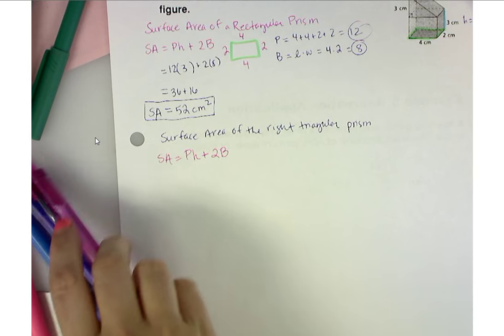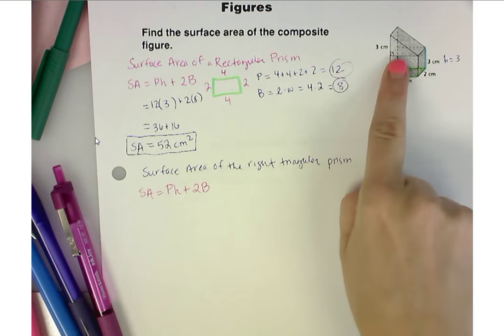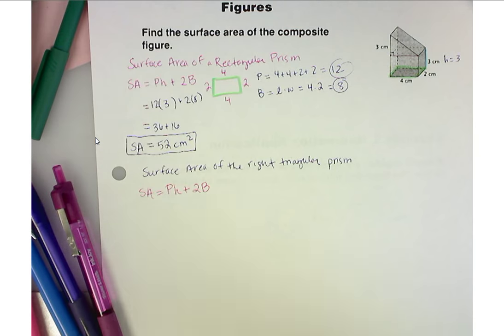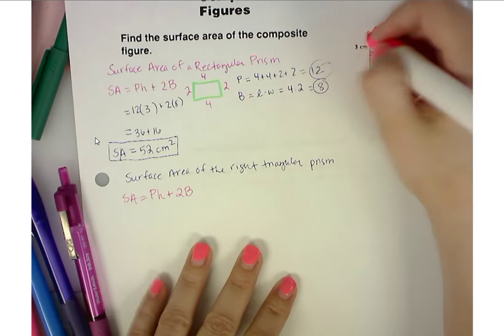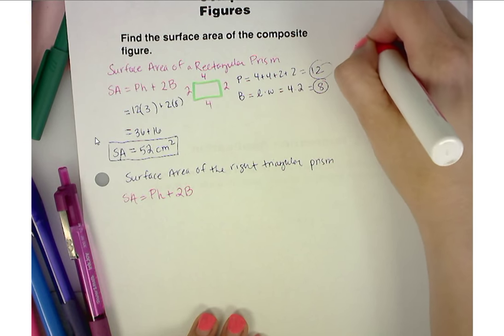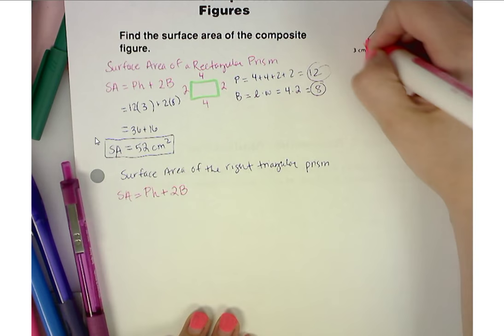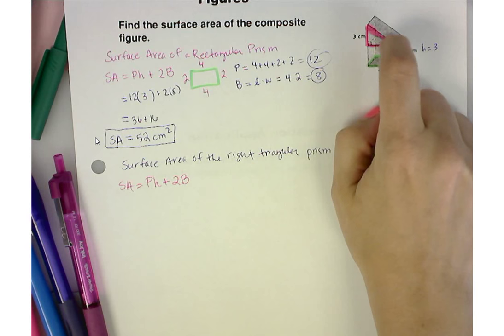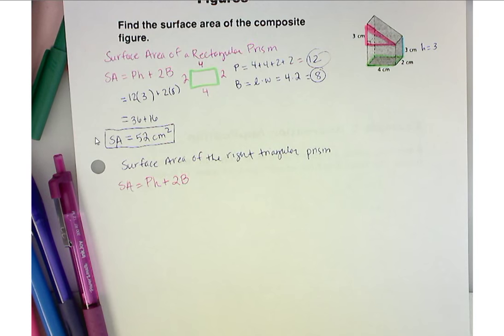For this one, your base is going to be a triangle, and I will highlight that for you. Your base doesn't have to be on the bottom, and in fact in this one it definitely won't be, because the bases should be parallel to each other. And there's nothing parallel to that triangle on the bottom, the rectangle.